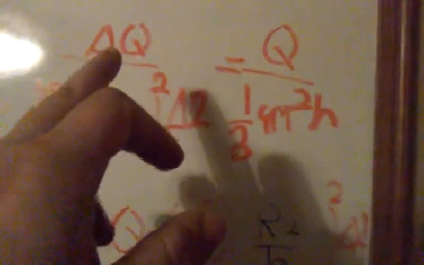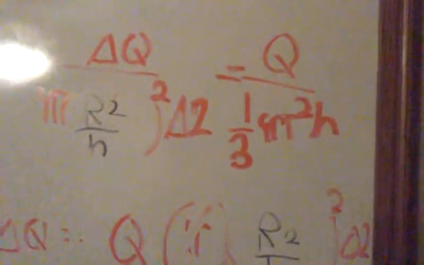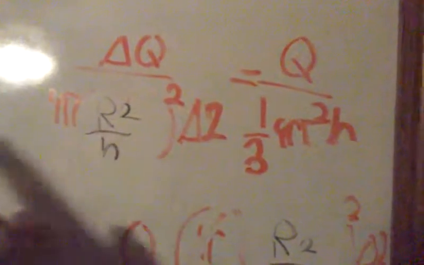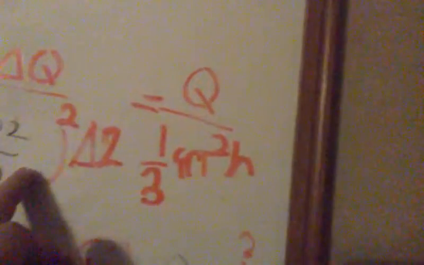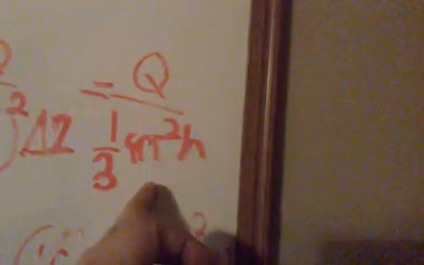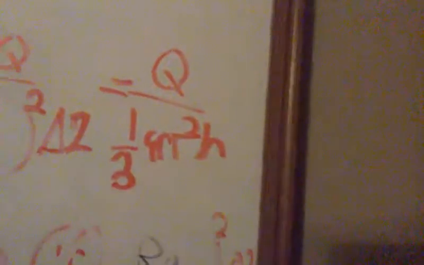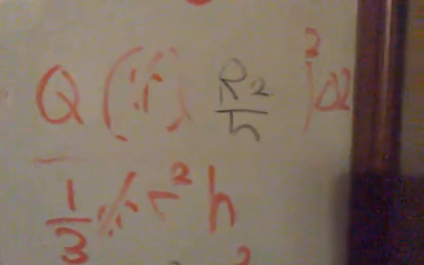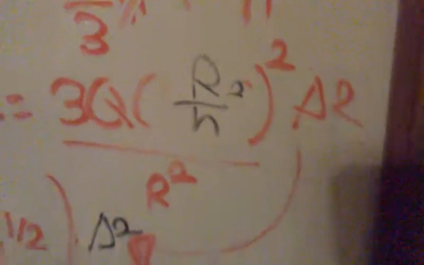So you do delta Q, which is the portion of charge, in comparison to the volume of one of these little disks, which is going to be pi, the radius squared, this is my function for the radius, delta Z, then Q, total charge over the total volume of the cone, which is the equation for the volume of a cone, 1 over 3 pi r squared, it should be capital R, times h. Then, arithmetic it out, basically.